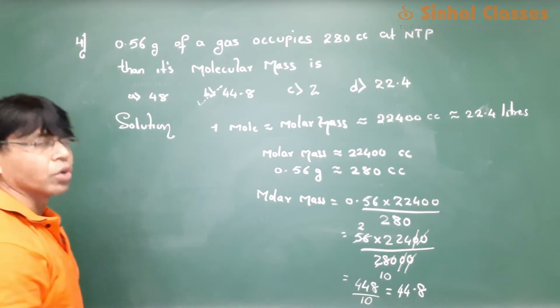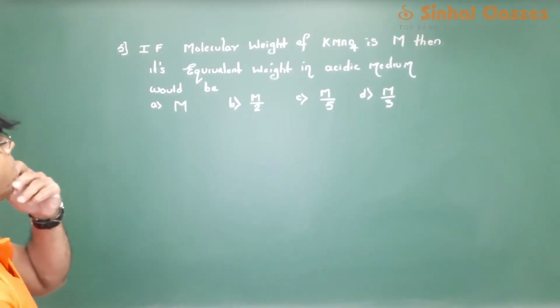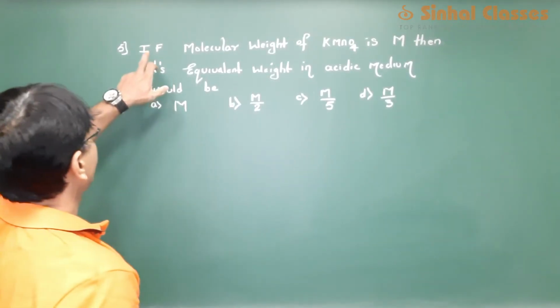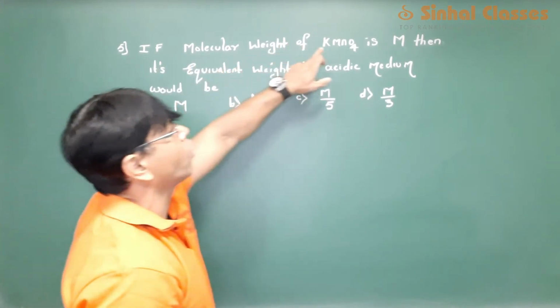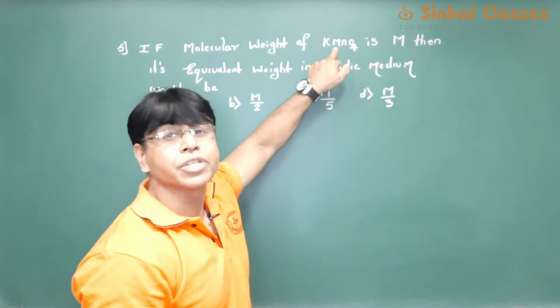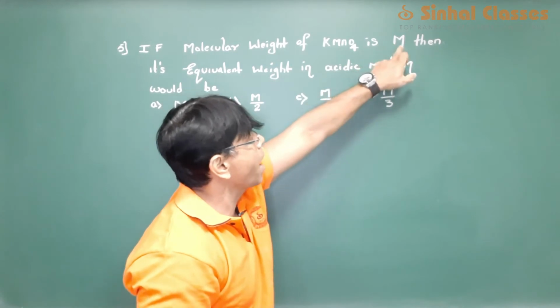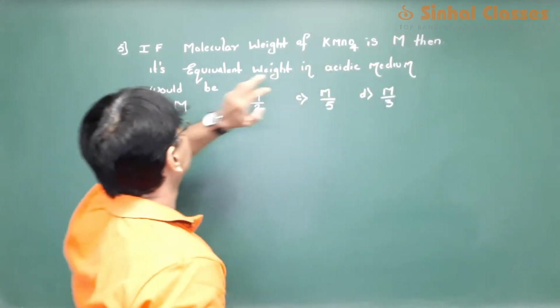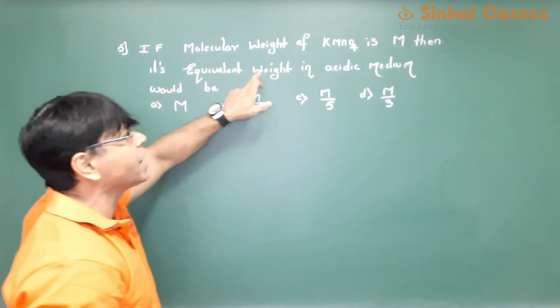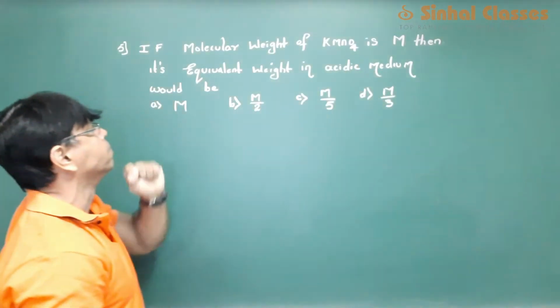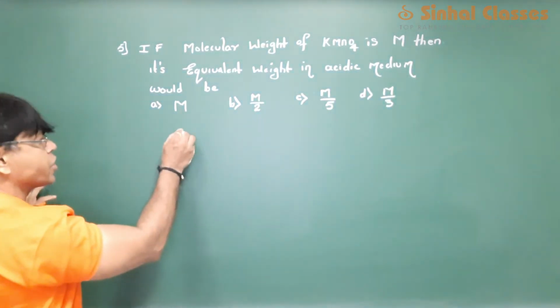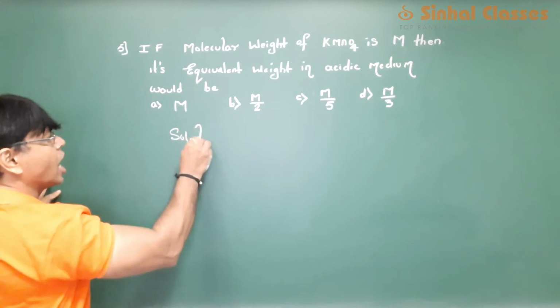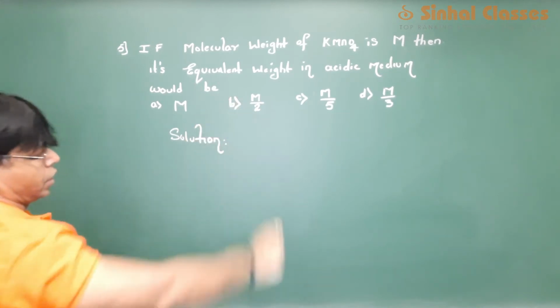Now we go for question number 5. Question number 5 says, if molecular weight of KMnO4, potassium permanganate, is M, then its equivalent weight in acidic medium would be. Very interesting question. Now you want acidic medium.